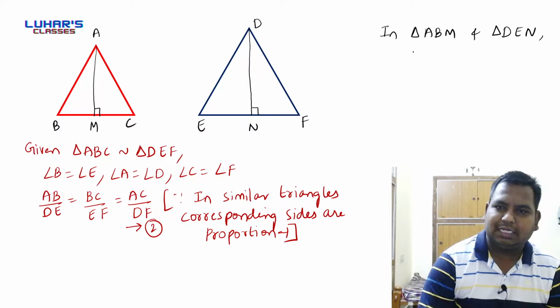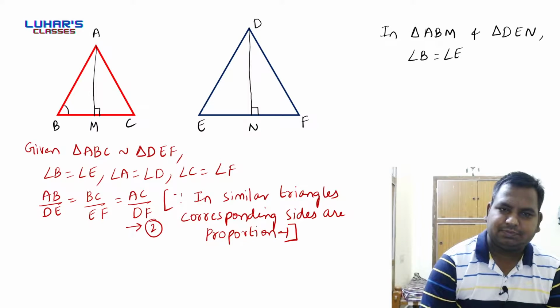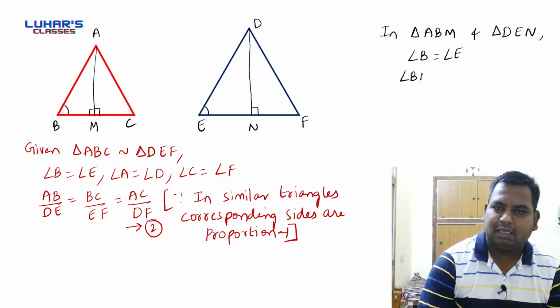In these two triangles, already we have angle B is equal to angle E because both the triangles are similar. And we also have angle BMA equal to angle END because both are right angles.